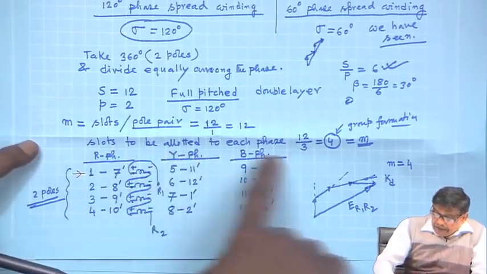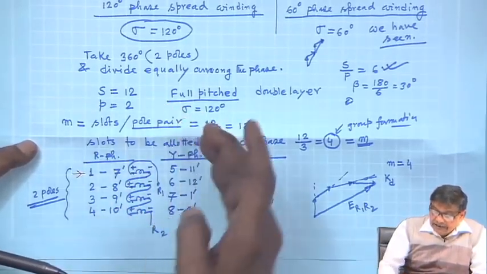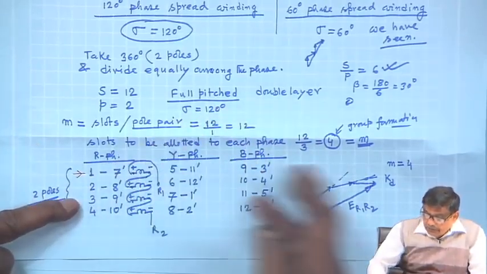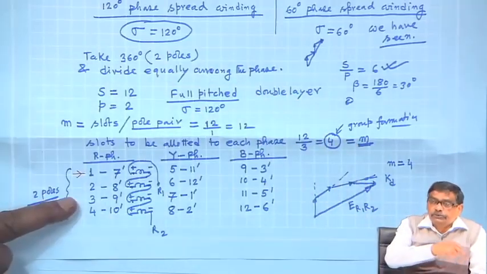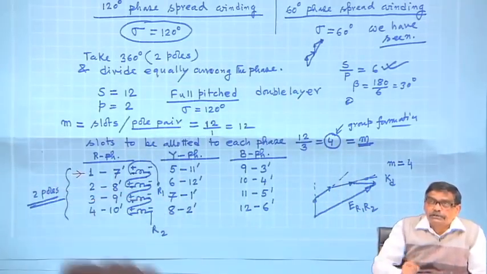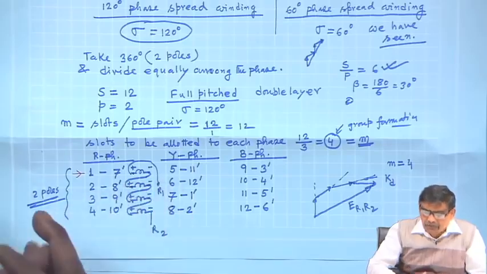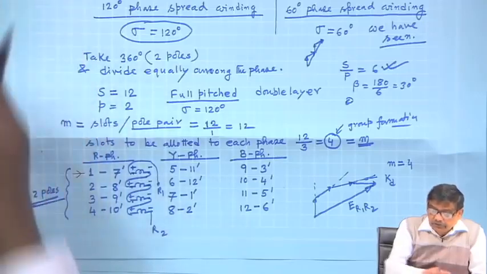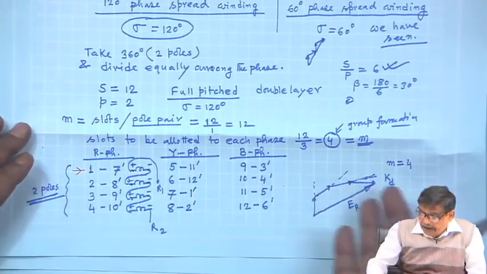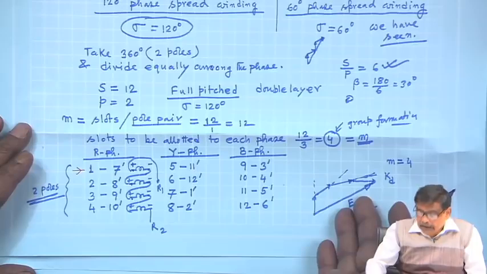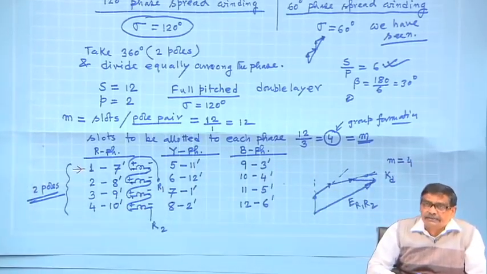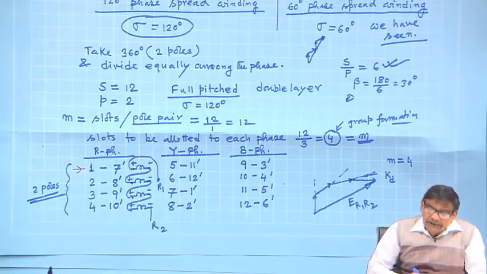Issue is that in immediate succession of a coil, there will be 4 numbers instead of 2, which we used in 60 degree. Of course, 2 is not a unique number, depending upon number of slots, number of poles, that number itself may vary, but with respect to the examples we are considering, this is how it should be looked at, and your distribution factor in this case will be less. That is why 120 degree phase spread is not that popular.